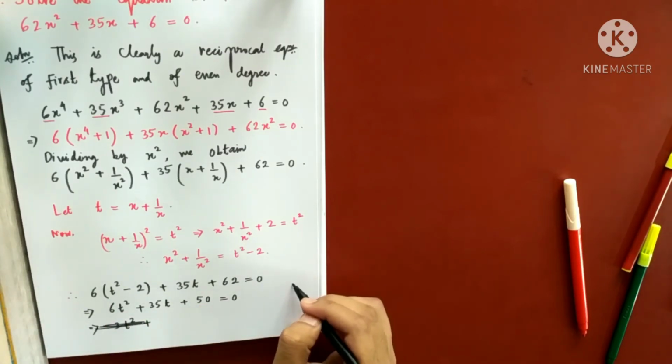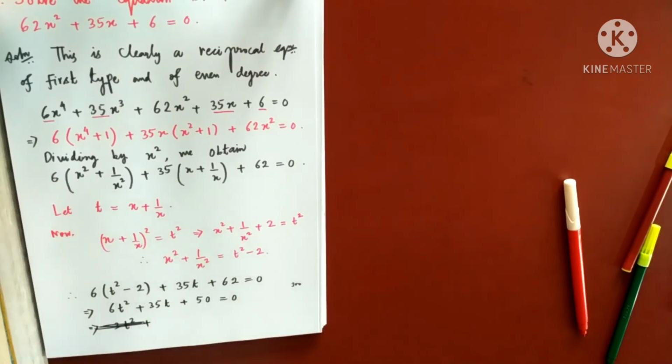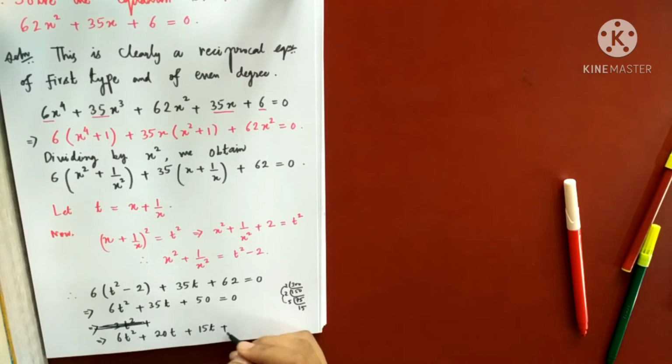50 into 6 is 300. So this can be written as 6t square plus 20t plus 15t plus 50 equals 0. Take things common and just complete the sum.